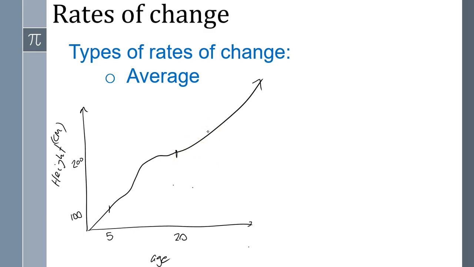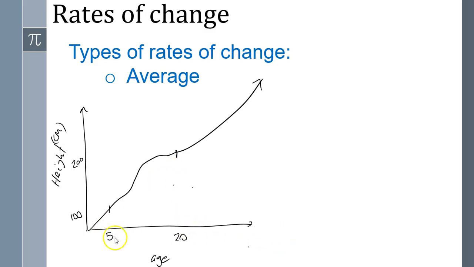Obviously this is not to scale or accurate or good in any way, shape or form, but it's the example we're going with. So over here they're 100 centimeters when they were 5, they're 200 centimeters when they're 20, so they're pretty tall, I think. And we're going to find out what their average rate of growth was between ages 5 and 20.